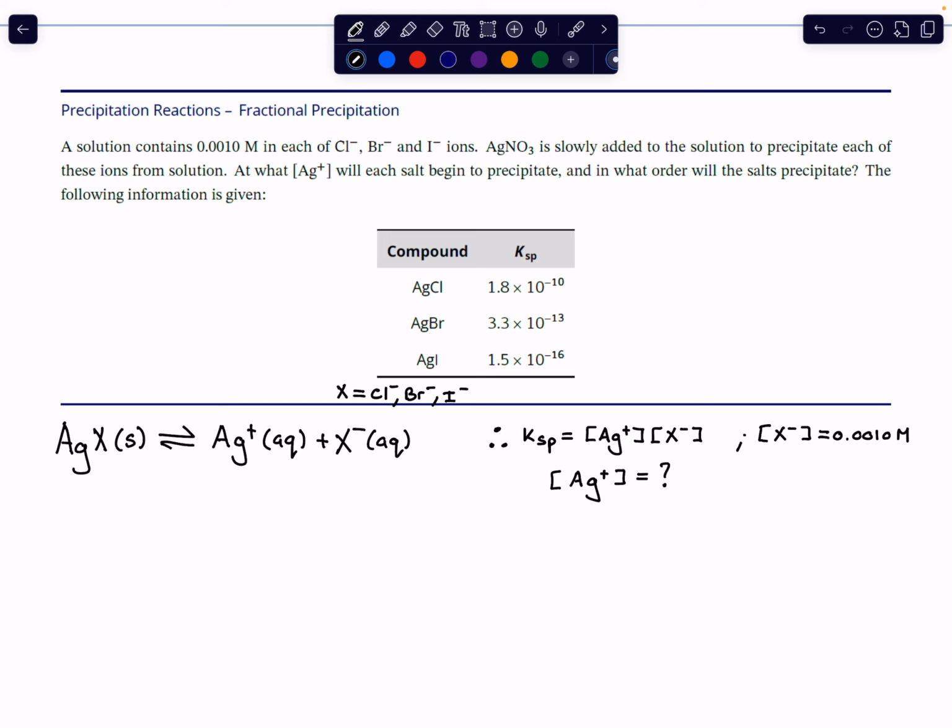And hopefully you see that the different KSP values will of course dictate that different concentrations of silver plus will cause a precipitate to fall. So we can use the KSP values to solve for the silver ion concentration given the same concentration of the halide ions in each case. So let's go ahead and do that.